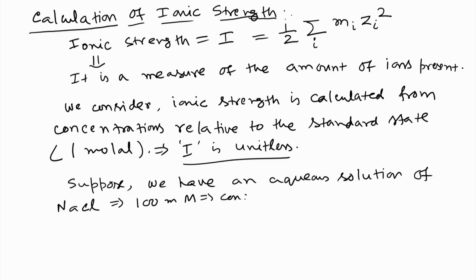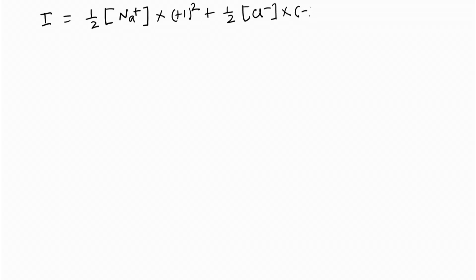The ionic strength I is half times the concentration of sodium ion times the charge of sodium ion, plus 1, to the 2, plus half times the concentration of chloride ion times the charge of chloride ion to the 2.